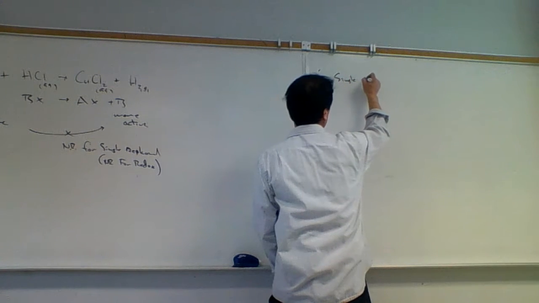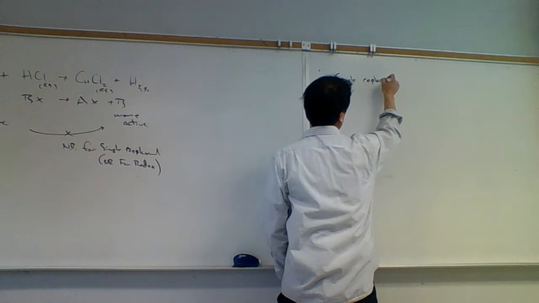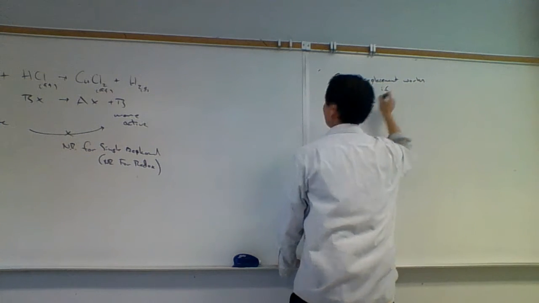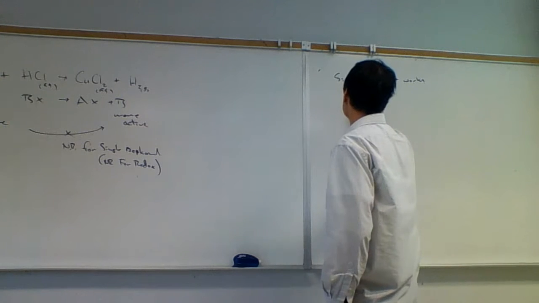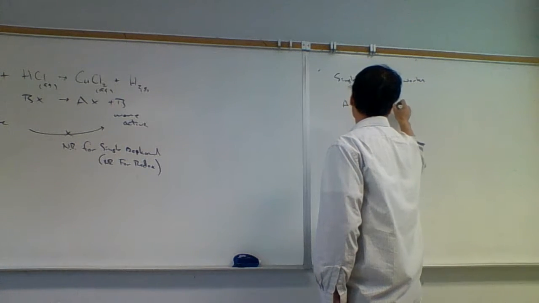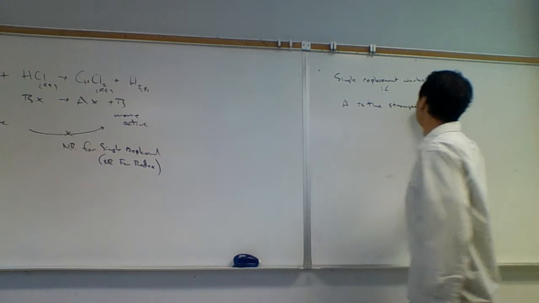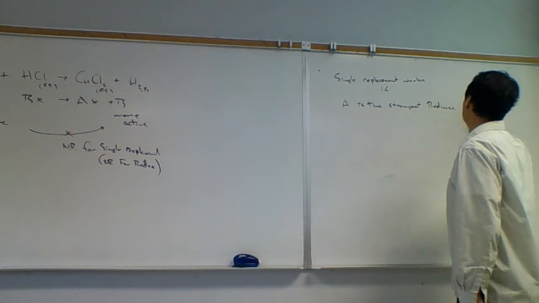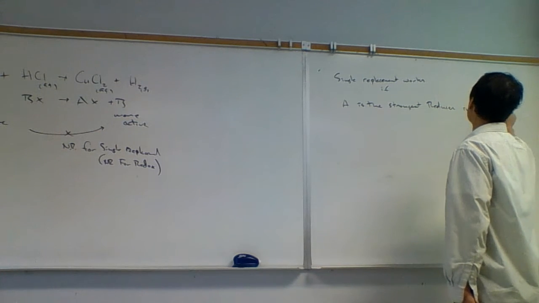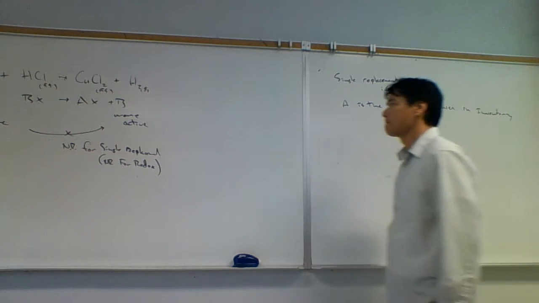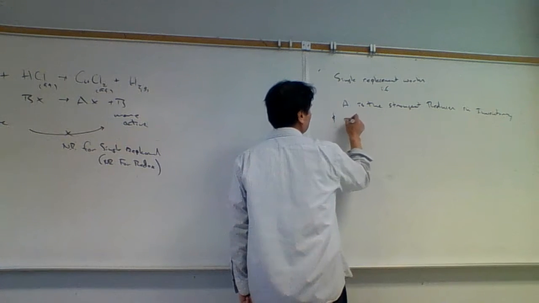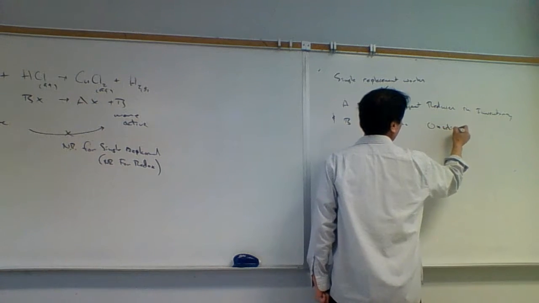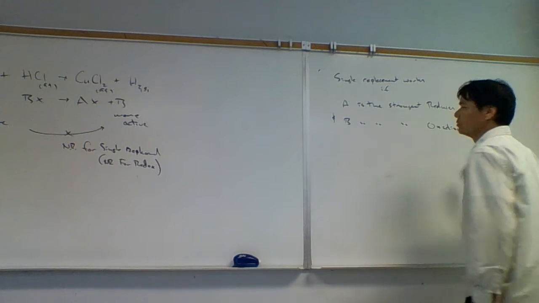Single replacement works if A is the strongest reducer present in the inventory, and B is the strongest oxidizer in the inventory.